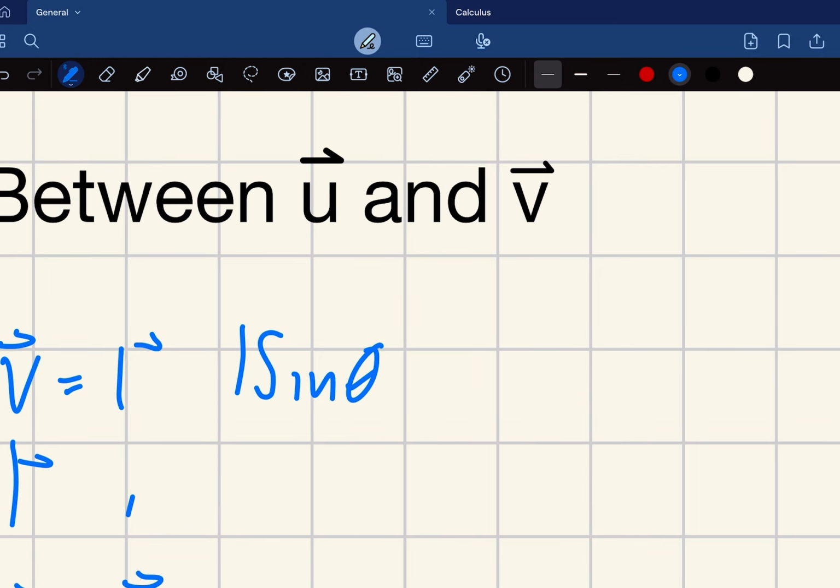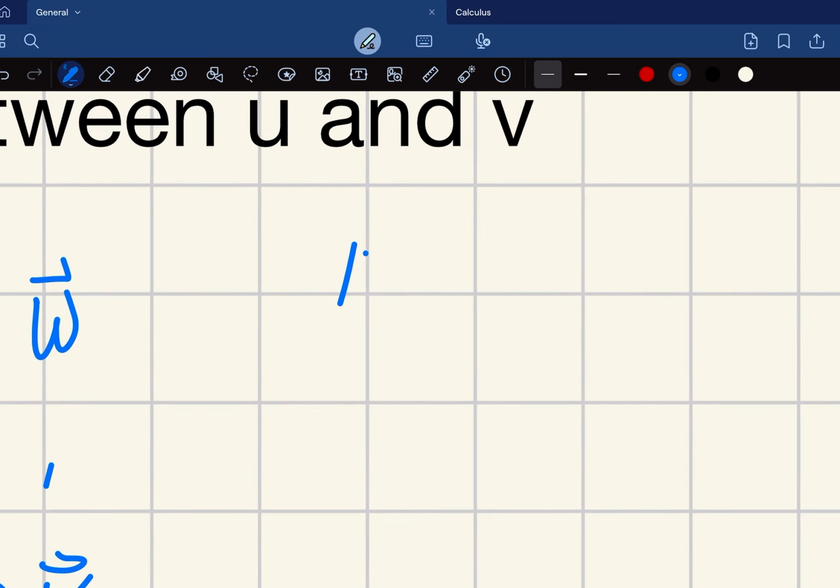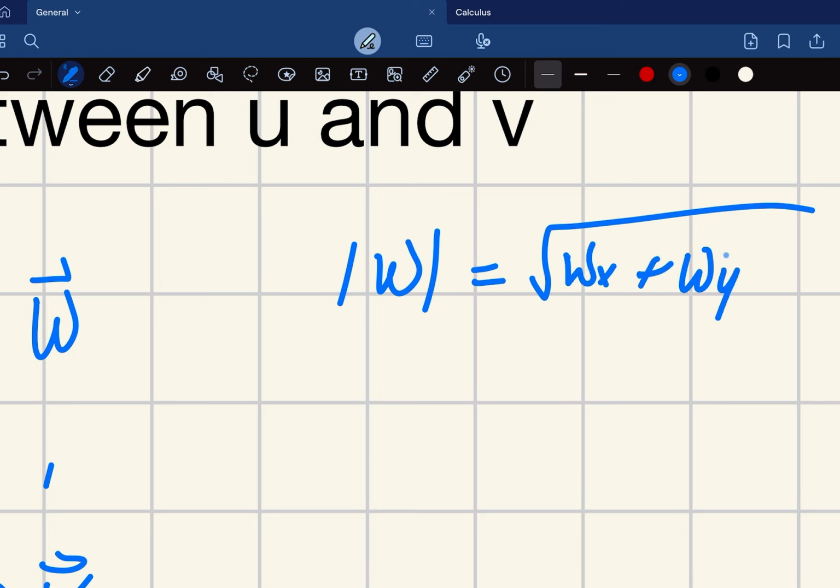So let's say vector u cross v is equal to another vector, which I will call w. So the magnitude of vector w is equal to the square root of the sum of its parts. So this would be wx squared plus wy squared plus wz squared.